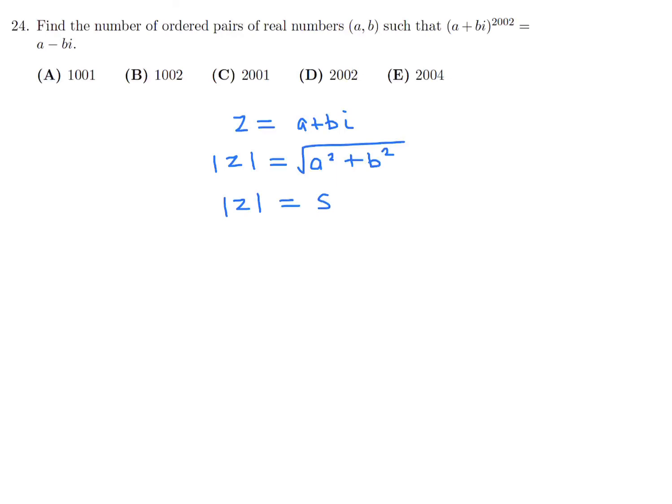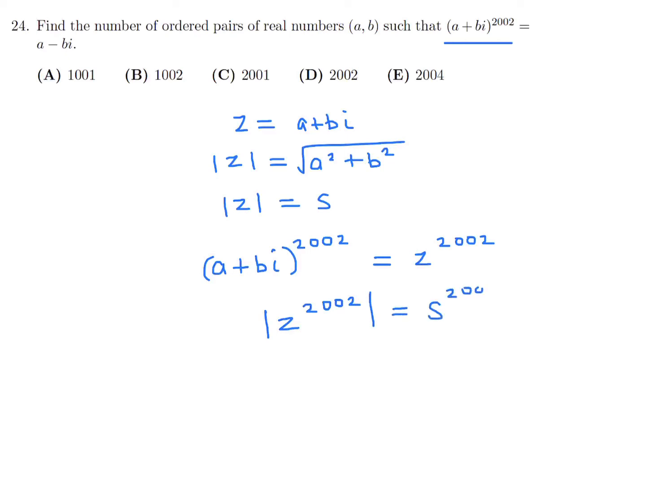So (a + bi)^2002 is basically z to the 2002, and if I take the absolute value of that, it will basically be s to the 2002. Those are just some substitutions to make things easier for us.